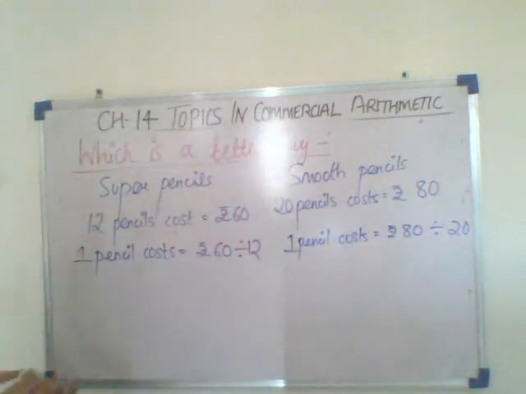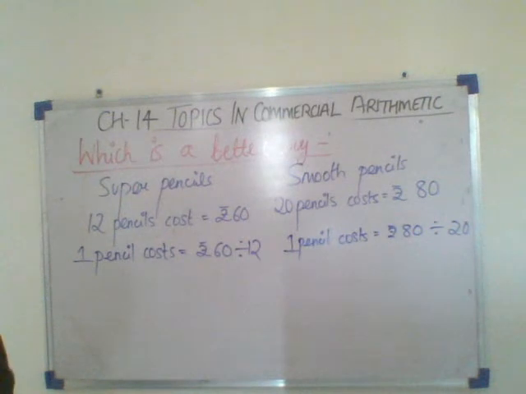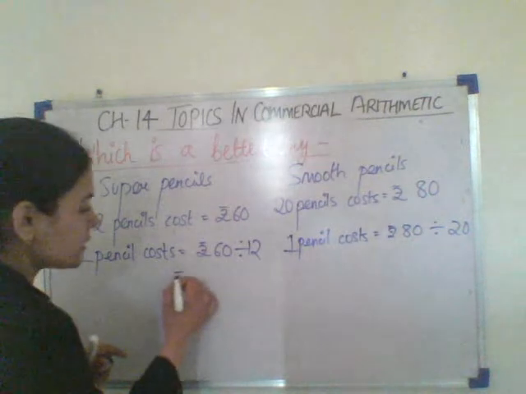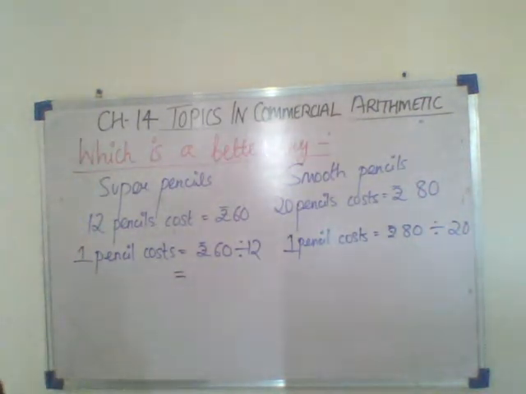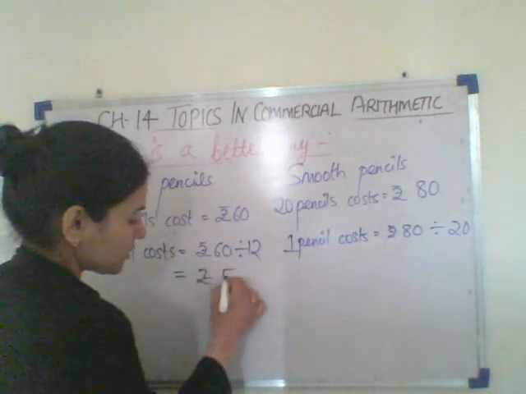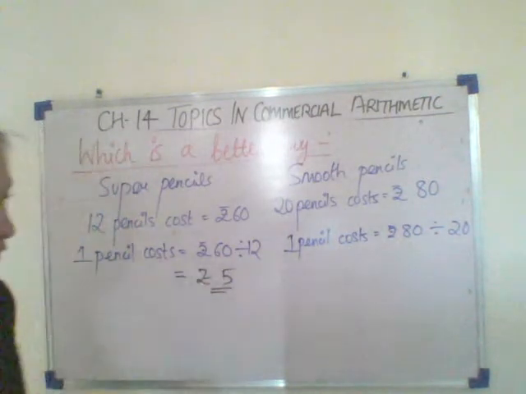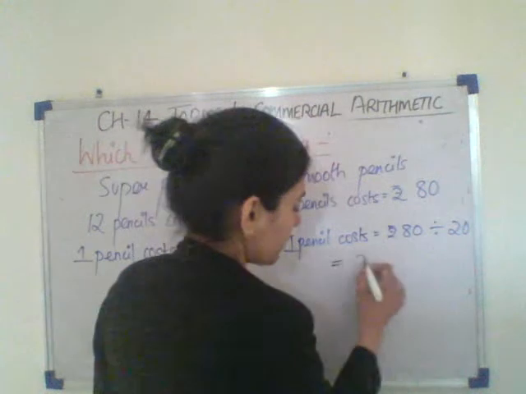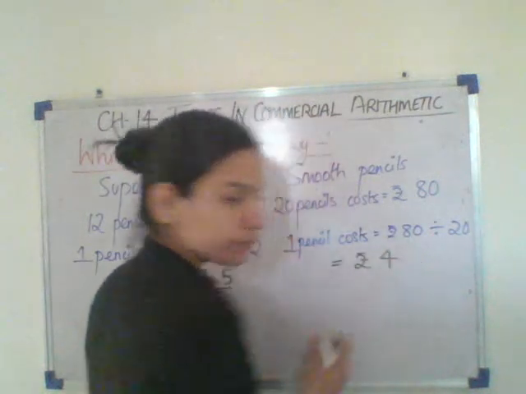I will be doing the division. So 60 divided by 12 is equal to, 12 fives are 60, so it is rupees 5. Here if I divide 80 by 20, I will be getting rupees 4.